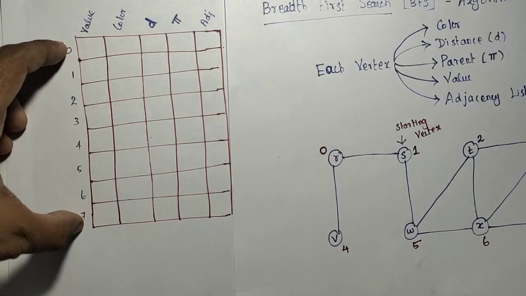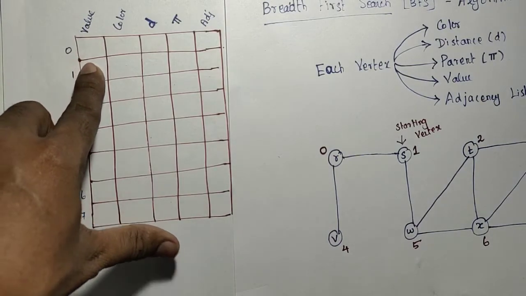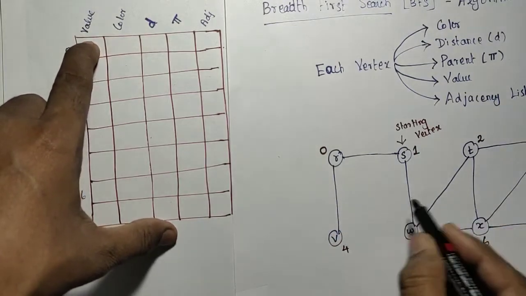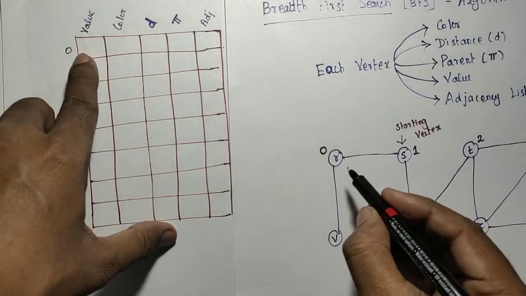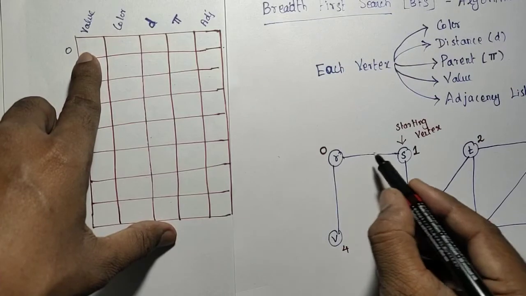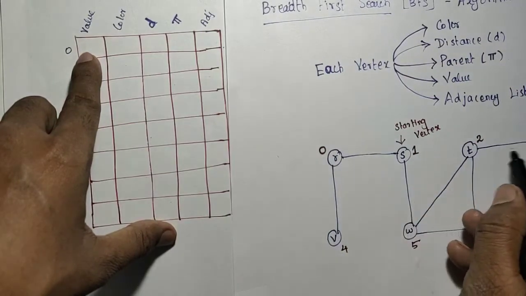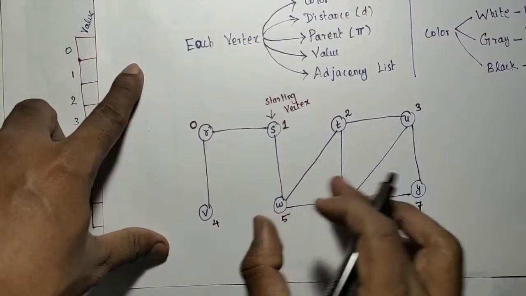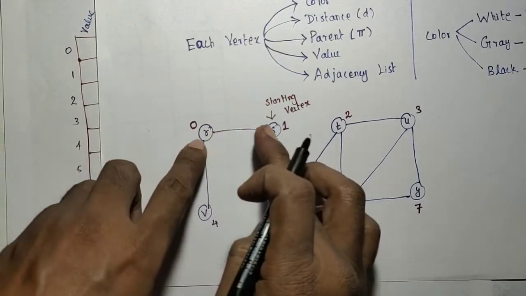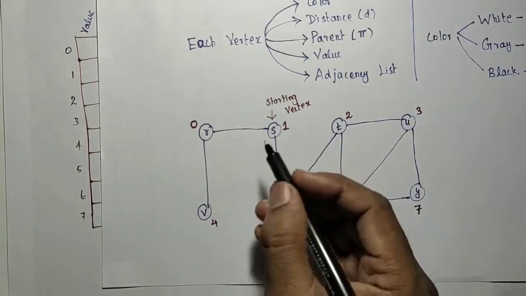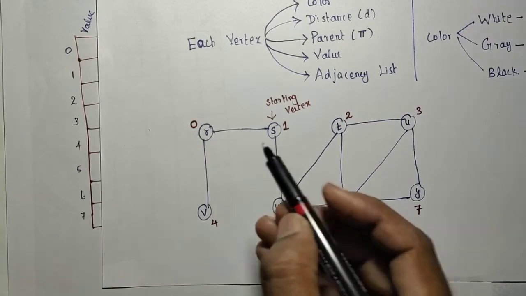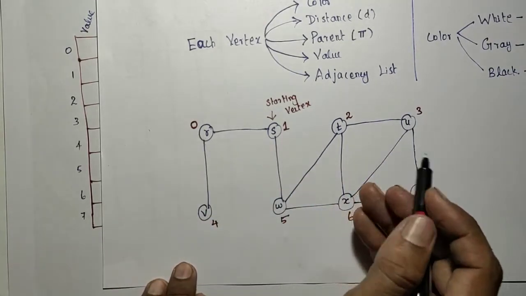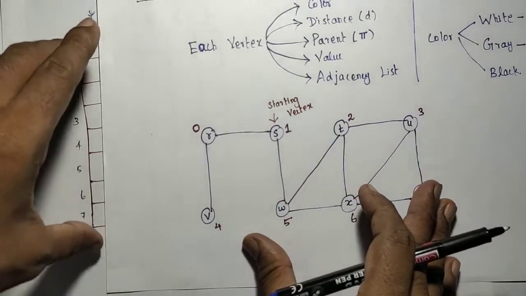This is an array. For easy understanding, the values S, T, U, V, W like that we would have to store. So the value we are going to store is the index as it is, that is 0, 1, 2, 3 like that. Even if you are drawing with alphabets, you just write the index for those nodes and use that index as a reference here.